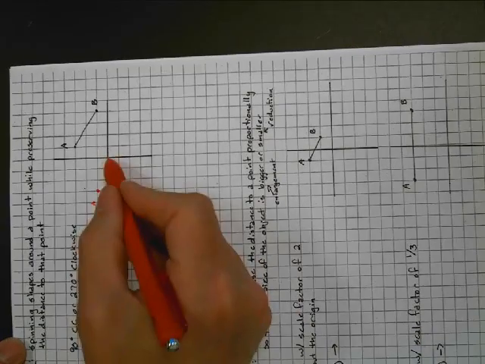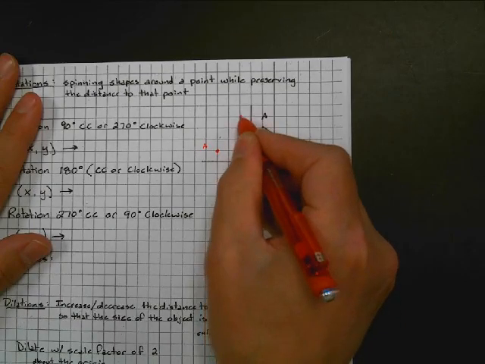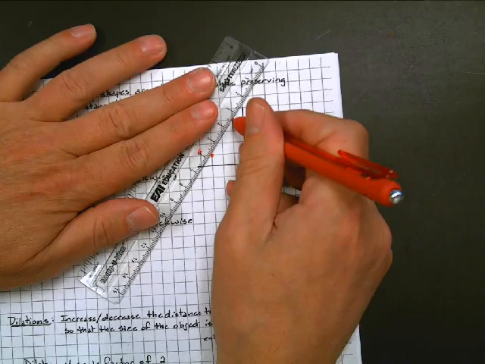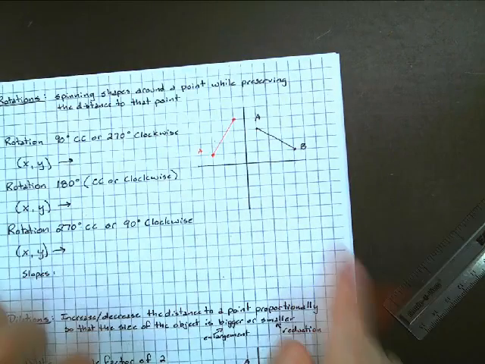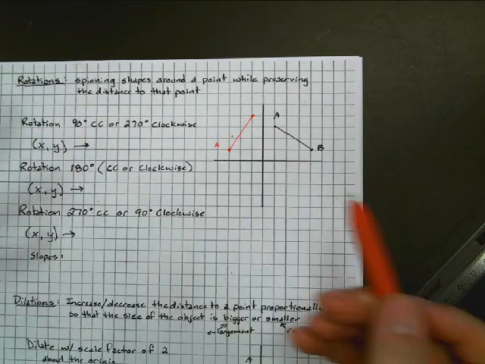Spin my paper 90 degrees. B is now at -1, +4. So -1, 1, 2, 3, 4. We have now rotated it 90 degrees. Now what I want you to see here is when you rotate it 90 degrees, these are now perpendicular to each other because it was a 90-degree rotation.